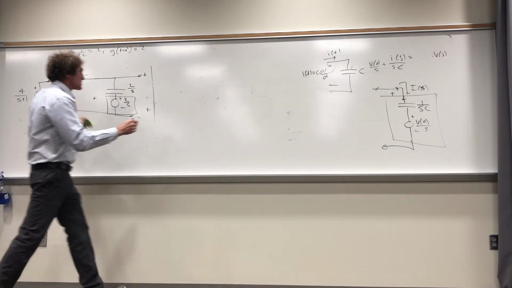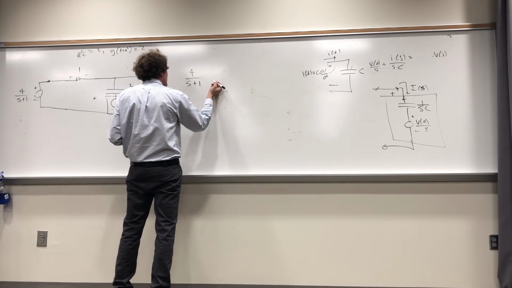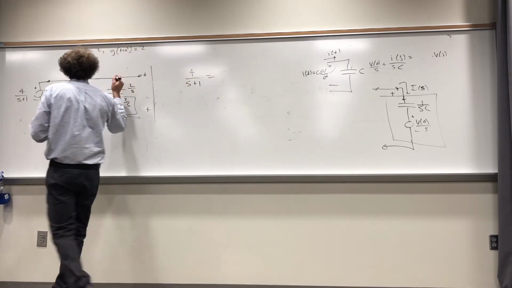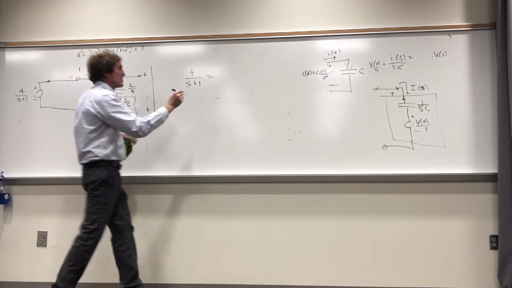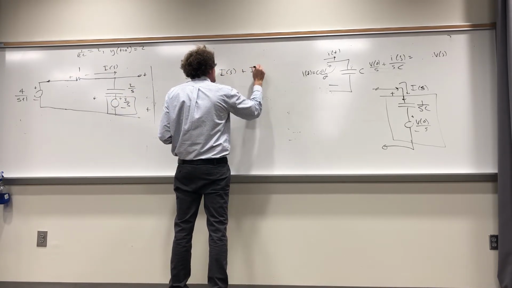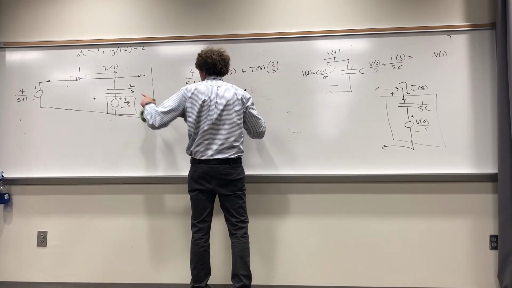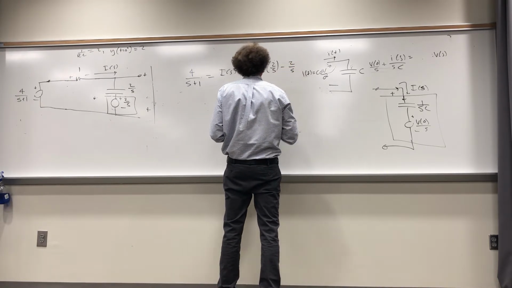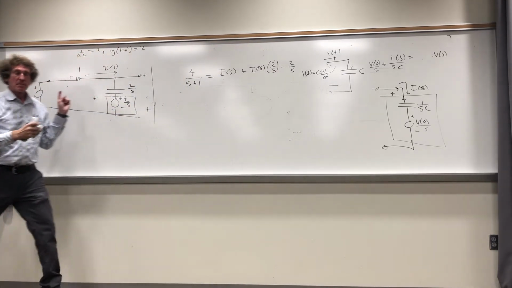So I get an increase of 4 over S plus 1 here equal to I of S. This is I of S. Then it's going to be I of S times 1 plus I of S times 2 over S, and then minus 2 over S right there. And that's 4 over S plus 1.